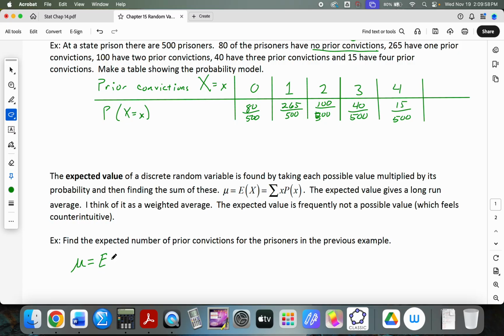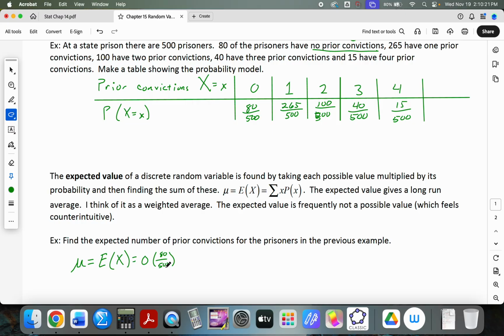So the expected value of x is going to be equal to 0 times 80 over 500. So we're going to multiply the value of our variable times the probability.